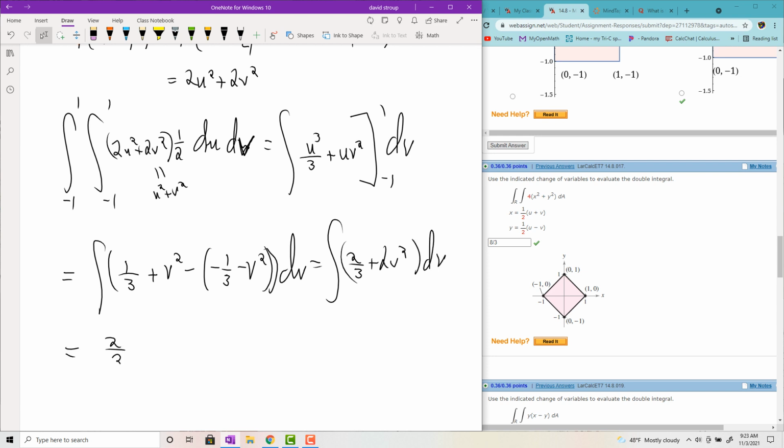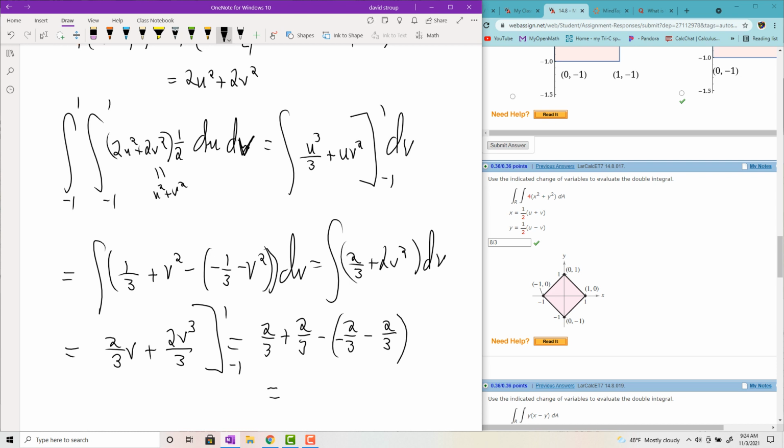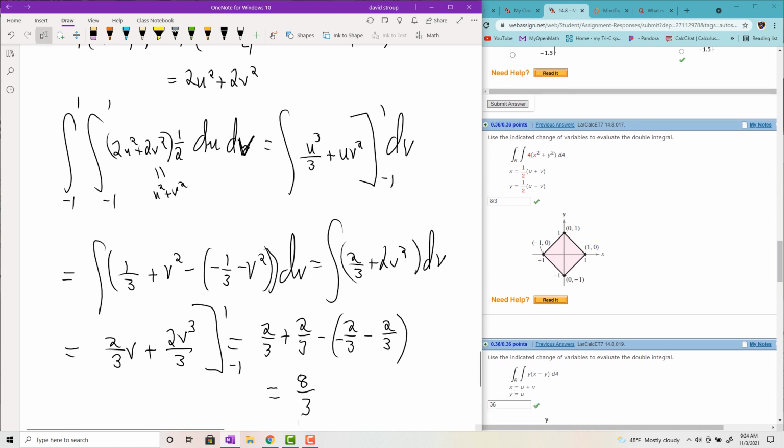So I get 2/3 v plus 2v cubed over 3 from negative 1 to 1. And that's going to be 2/3 plus 2/3 minus 2/3 minus 2/3 minus 2/3 minus 2/3. So it just looks like it's 4 times 2/3, which is 8/3. Okay, which is the answer.